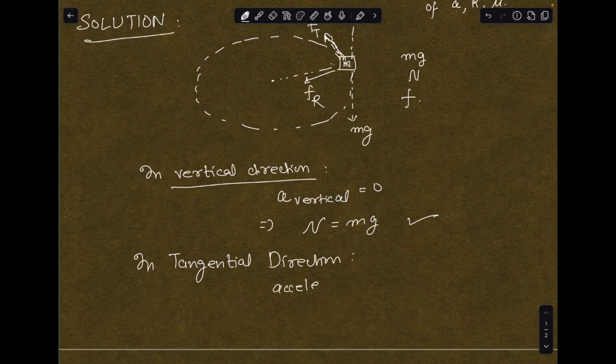Acceleration equals a. This is given. Therefore, force in the tangential direction has to be ma. And the source of this force is friction. So frictional force in the tangential direction is ma.